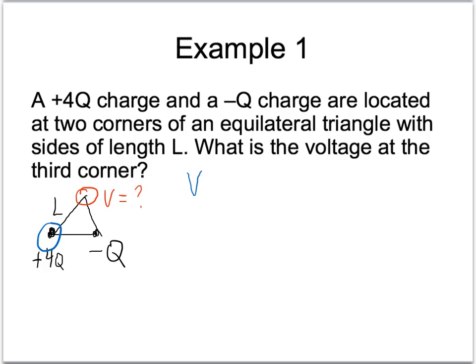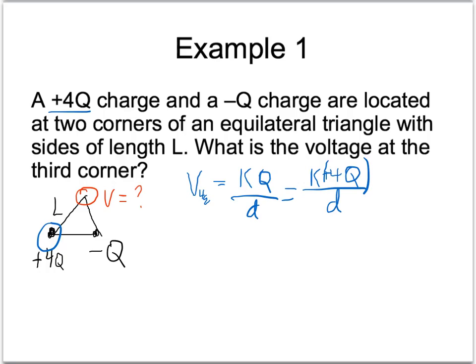So voltage from the 4Q charge is KQ over D. And in this case, Q is K4Q. And just to keep in the habit, that is a positive according to the problem, positive 4Q over D. And that can be kind of weird because with electric field you just found out, well, we're going to worry about direction ourselves, so the negative or positive doesn't matter so much as long as we keep track of directions.